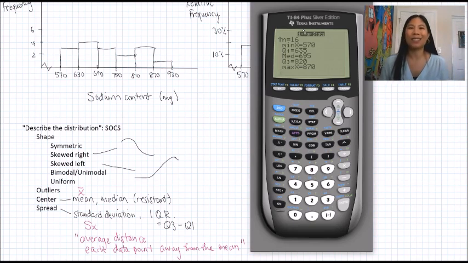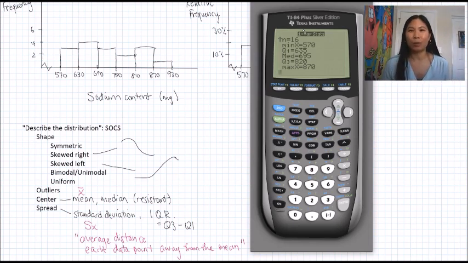However, the shape doesn't actually make sense in a categorical data set, because in a bar graph, it's not like your bars have any sort of order to them. Like if I were to ask you, what's your favorite color? And then I graphed it out in a bar graph, any of the colors, I could have switched any of the bars into any other position. So the shape itself makes no sense when you're talking about categorical data.